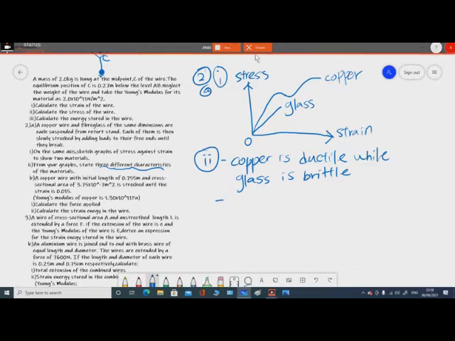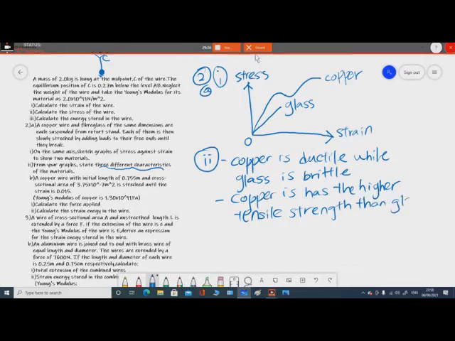Let's move on to the second characteristic. As we can see, the stress for copper is higher than the glass. So we can say that copper actually has a higher tensile strength than glass.